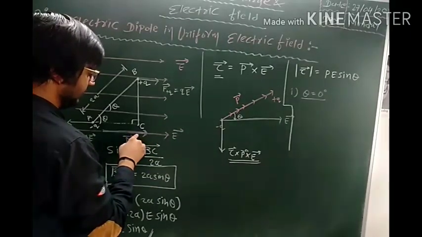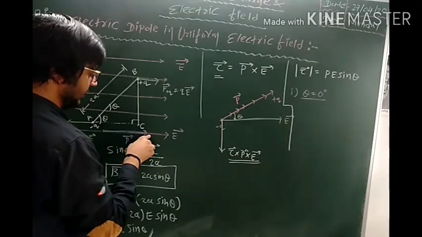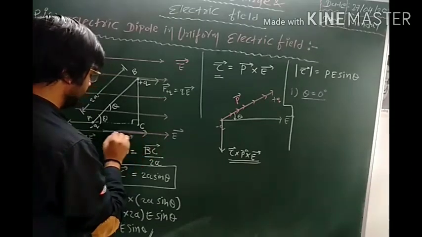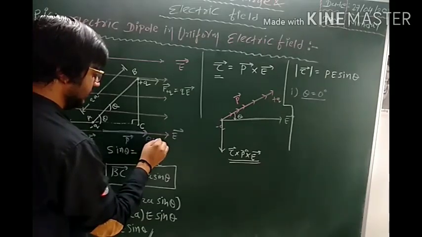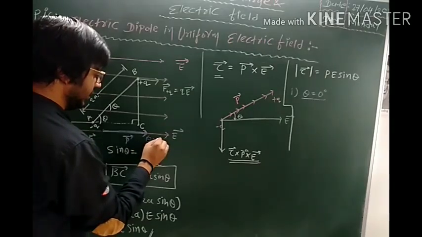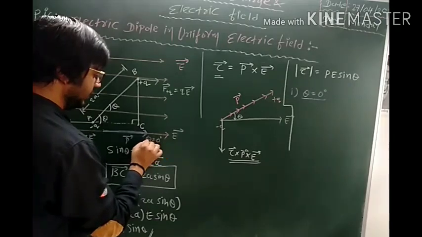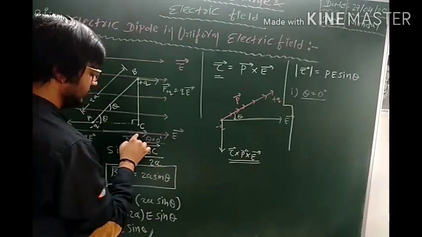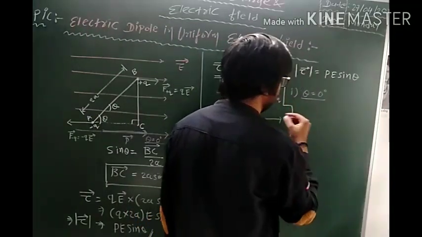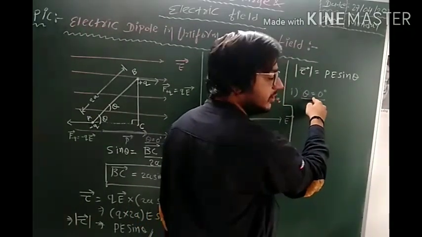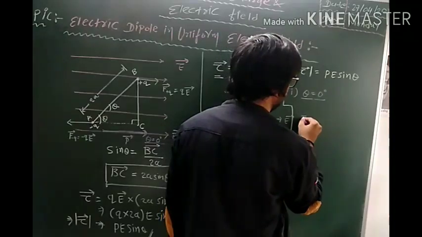It is not making any angle between the electric dipole and the electric field, so theta is equal to 0. Here we put this value in the equation.